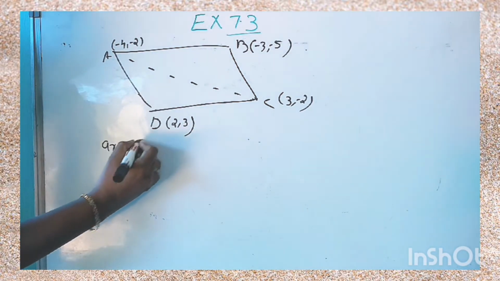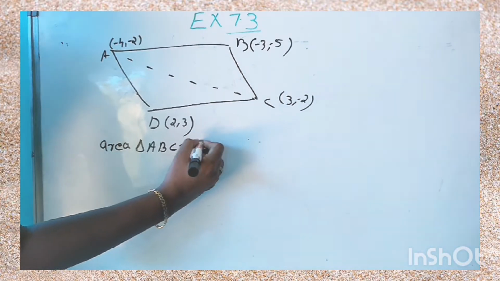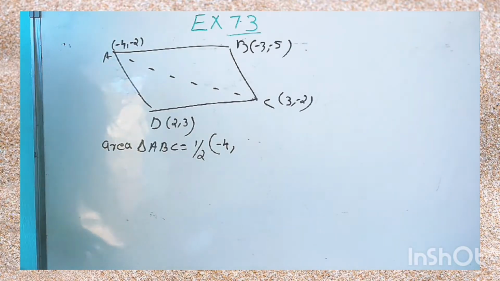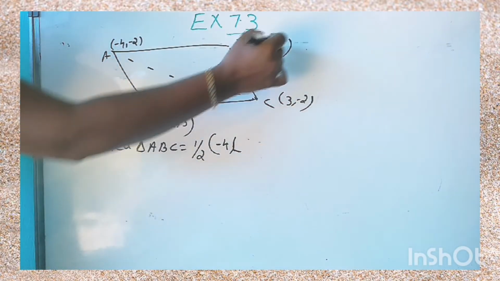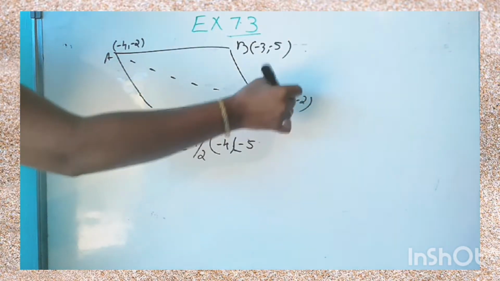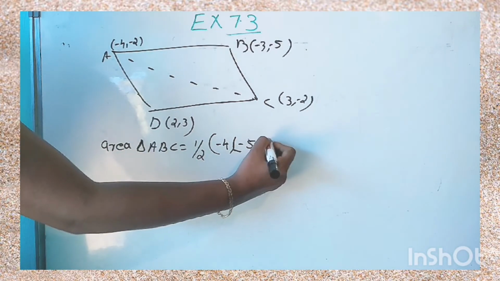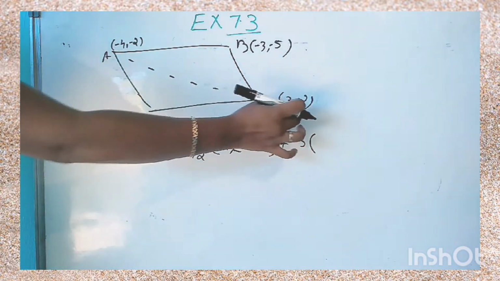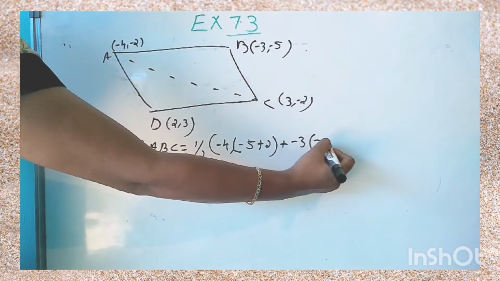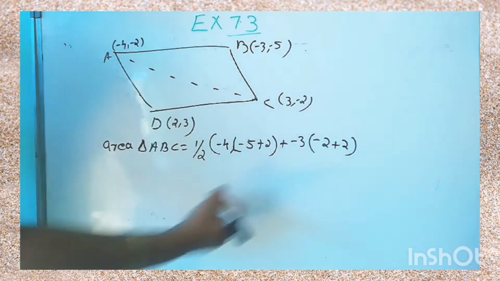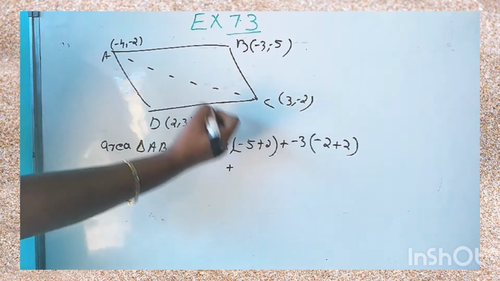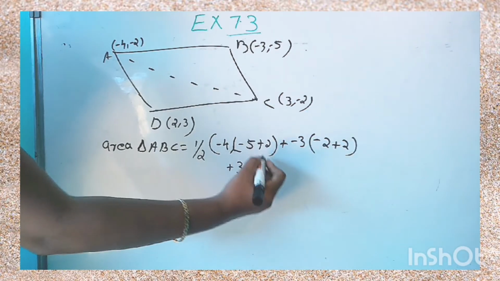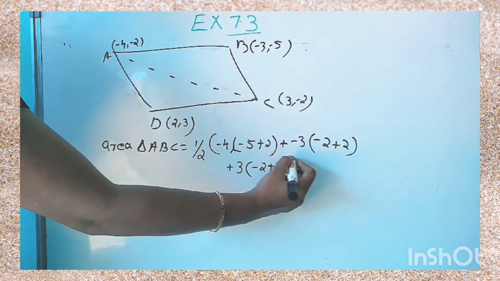Now first, area of triangle ABC is equal to half into x1 is minus 4. Minus 4 into (y2 minus y3), that is minus 5 minus 2, becomes plus 2, plus x2 is minus 3 into (y3 minus y1), that is minus 2 minus minus 2, becomes plus 2, plus x3 is 3 into (y1 minus y2), minus 2 minus minus 5 is plus 5.